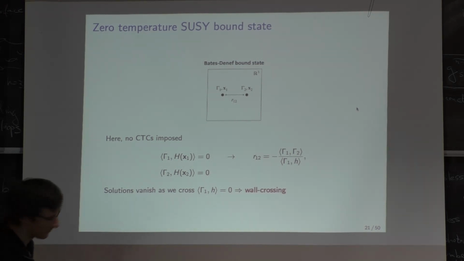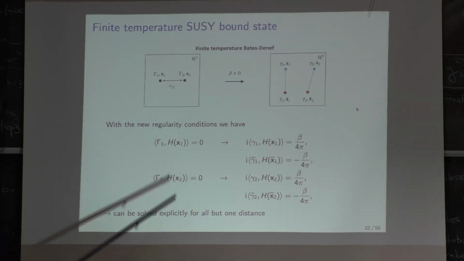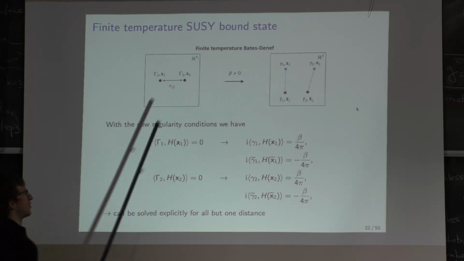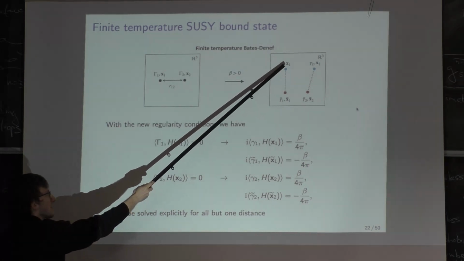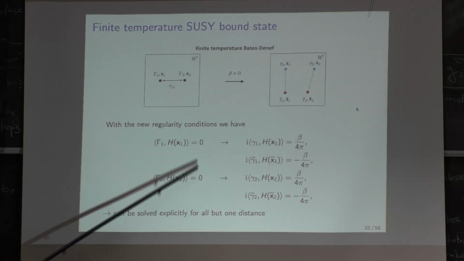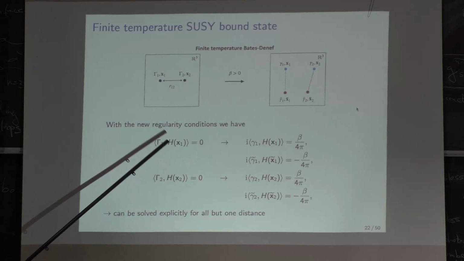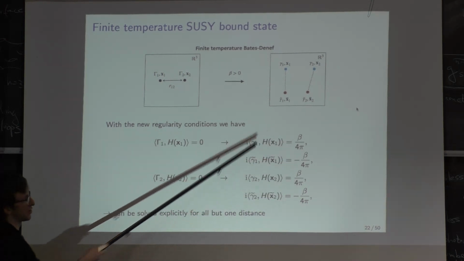Like the values. So now our goal is to understand how this wall crossing phenomenon appears from the perspective of the finite temperature path integral. So recall that after turning on the temperature with our new solutions, each black hole is represented by a north pole and a south pole, and correspondingly what previously was the condition for no closed time-like curves is now upgraded to the smoothness condition in the geometry.